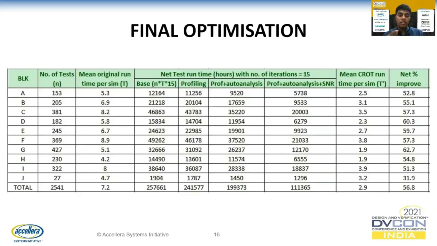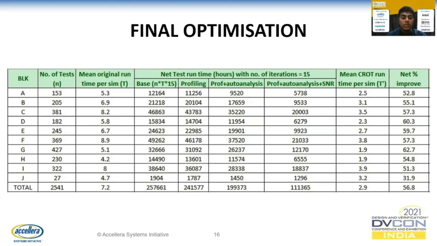From the table, we can see improvements of about 57% after incorporating all the above discussed enhancements in our toolkit environment. Also, this is project agnostic, that is, project independent, and can be extended to any IP or SOC DV.